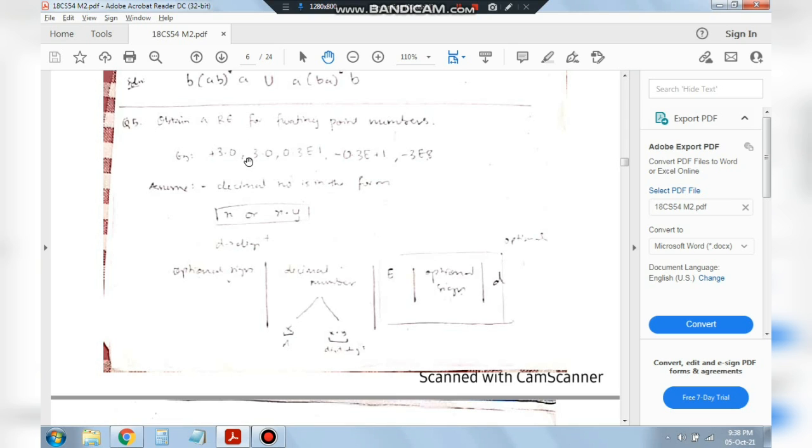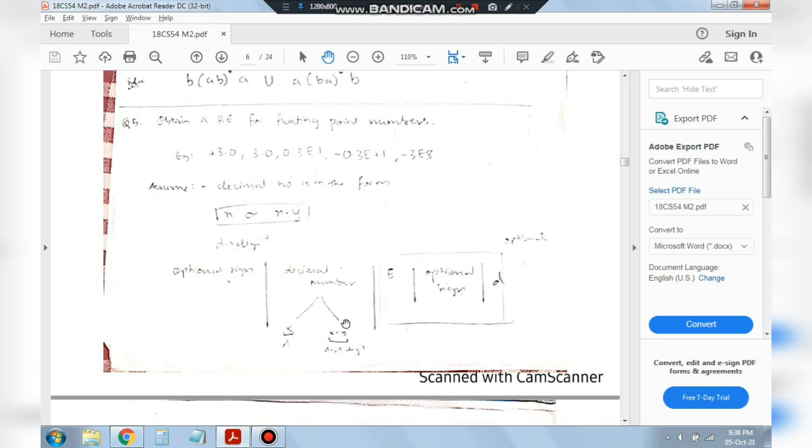Those three are the possibilities starting with the number. Plus can be there, no symbol, or negative. That's the optional sign here. Then the decimal number is of two forms, either x or x dot y. And after that we have the E here. Either E could be present or not present. If E is present, we can have the optional sign between E and the number, means after E, if E is present, a number will also be there. In between the E and the number, either there can be any sign or there cannot be any sign. So this we have written here, E and D, with an optional sign in between.